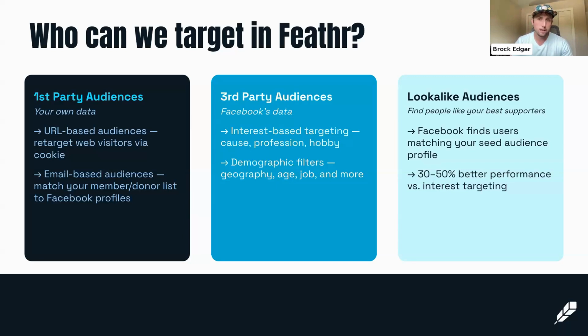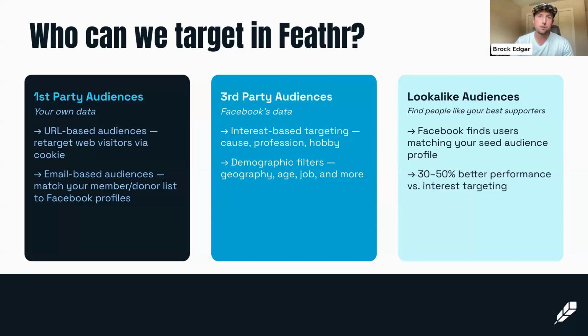I will note that you cannot target your page followers with Feather ads. All of that Meta targeting must be done within Meta Ads separately from Feather. But we do have different third-party audiences that we can target. So we can use some of Facebook's data to target people based off of their industries or professions, their hobbies. We also have demographic filters such as where they are located when they view the ad, their ages, job titles, income brackets, that sort of thing.